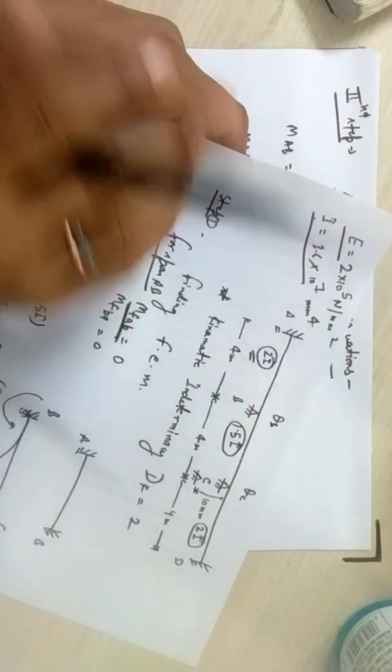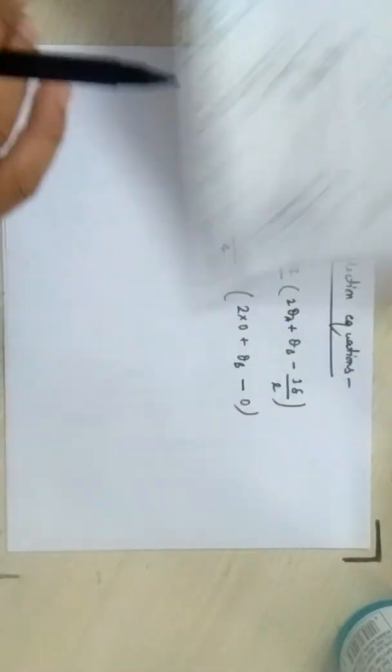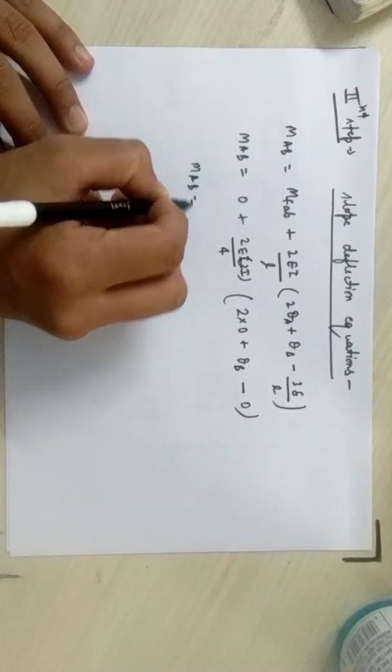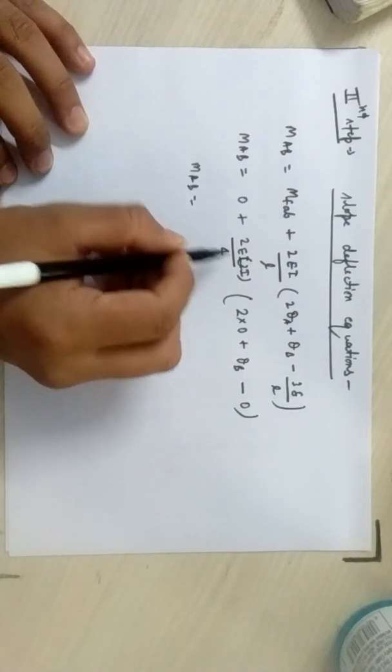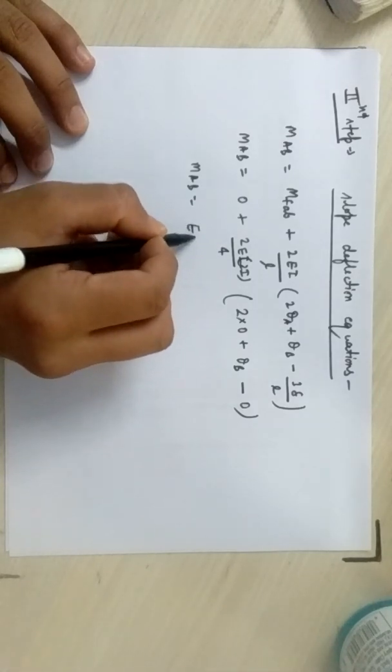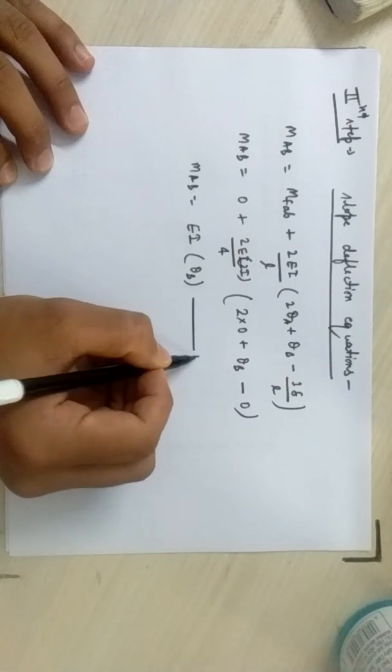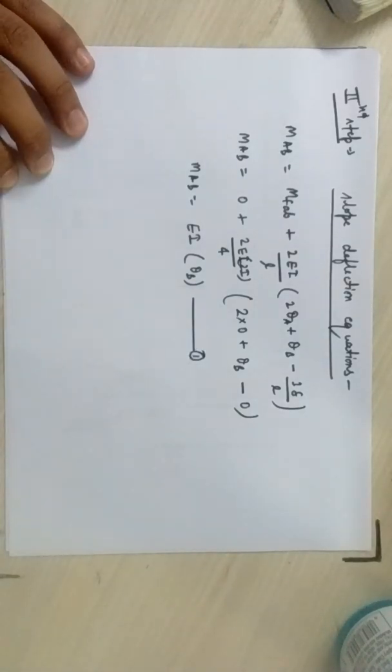Why is this delta 0? Because this support A is not sinking at all. So the equation will be MAB equals 4EI into theta B over 4... This is our equation number 1.